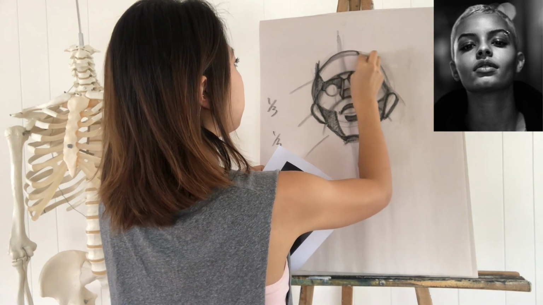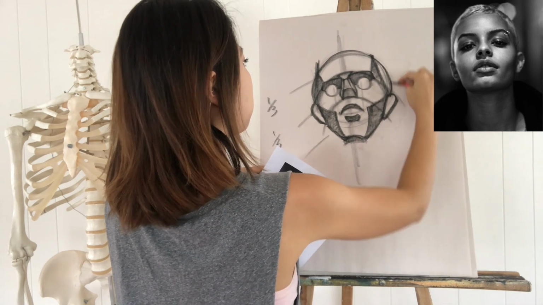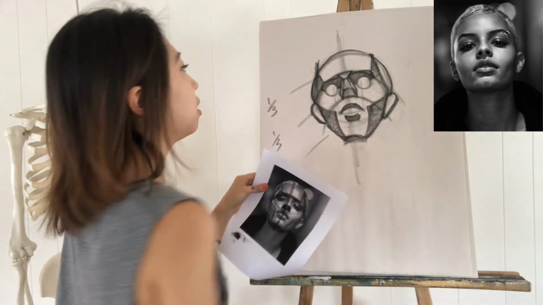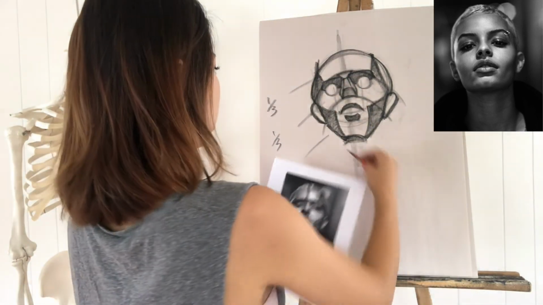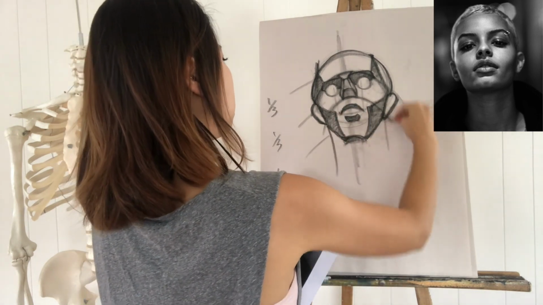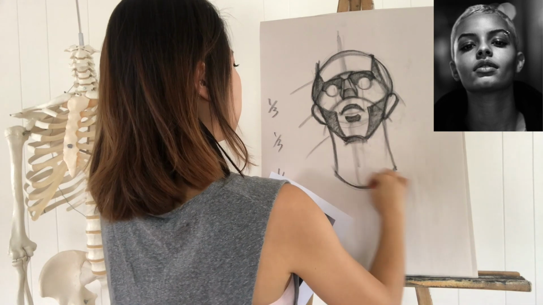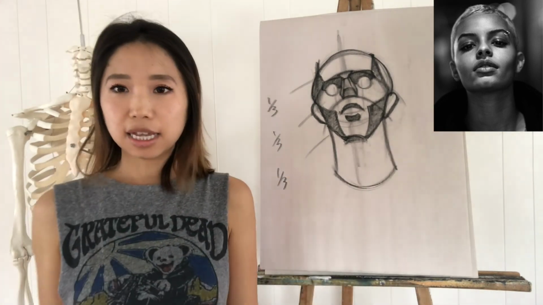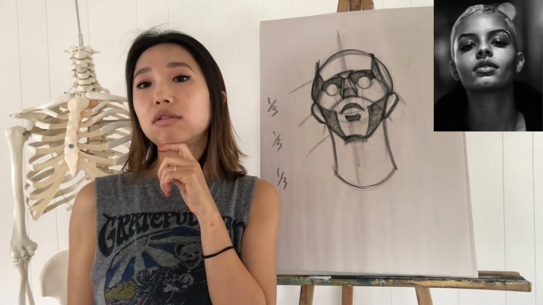And then you're just gonna finish the shape of the head, shape of the skull, or the hair. You don't really have to do the hair, but just finish up with the shape of the skull. And then you're gonna add the neck cylinder, and that's it.